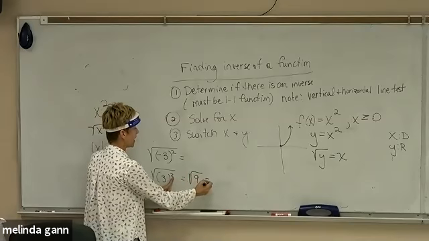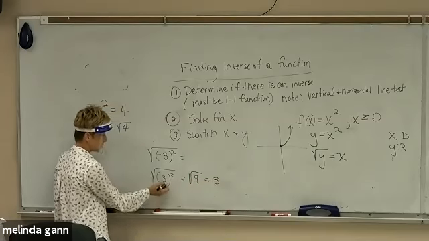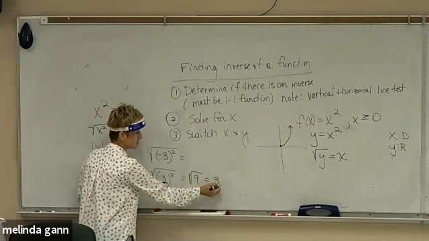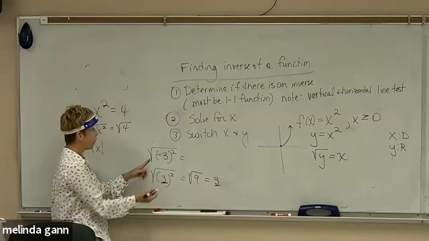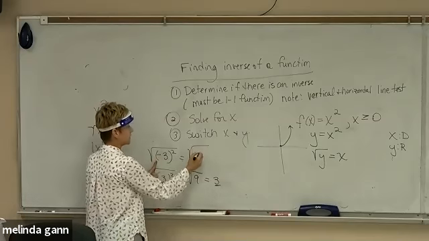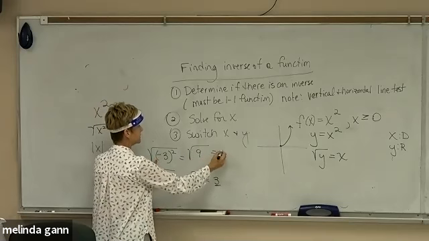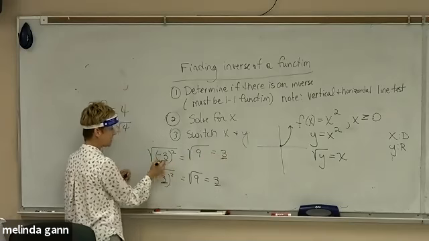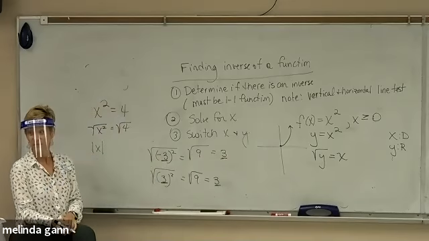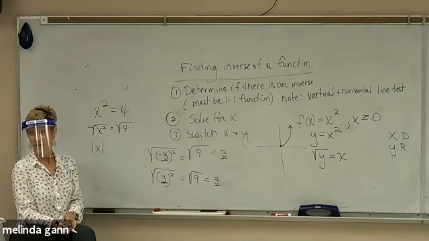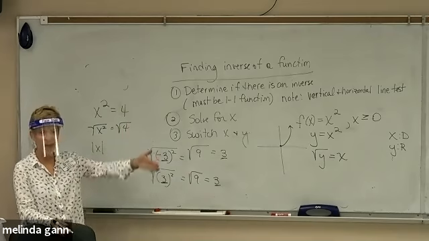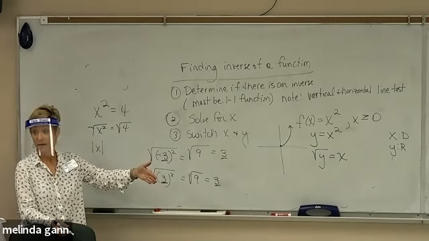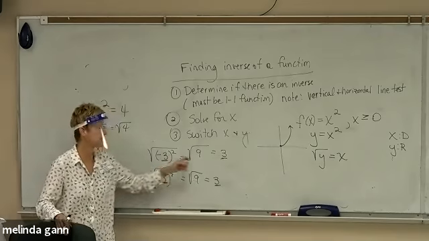What is the square root of 9? 3. This matches. What's negative 3 squared? 9. What's the square root of 9? 3. Those don't match. So the square root of x squared isn't always x. Are you with me? Sometimes it matches and sometimes it's the opposite.